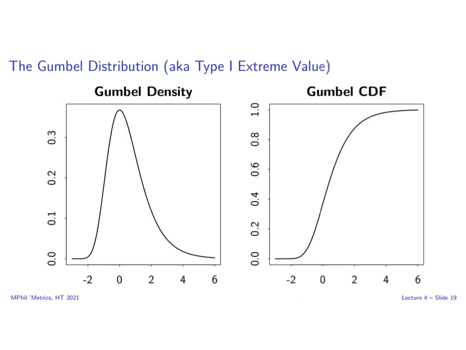This figure plots the density at left and the cumulative distribution function at right for a Gumbel random variable. Notice that the density is not symmetric about 0, but when we take the difference of two independent Gumbel random variables, we obtain a standard logistic, which is symmetric about 0.